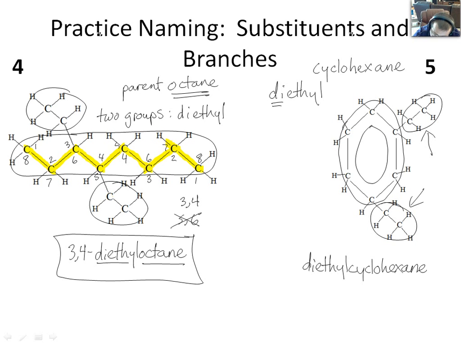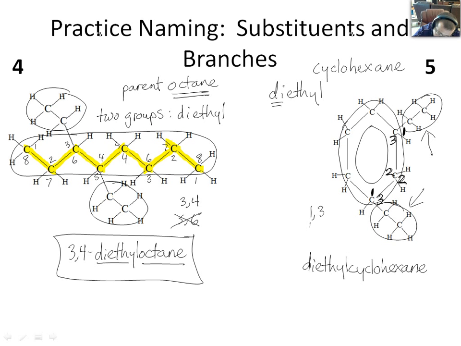Alright, numbering. It's best to start numbering where you've got something hanging off of the ring. So I could number this 1, 2, 3, going counterclockwise around the ring. That would give me position numbers of 1 and 3. Or I could number this 1, going clockwise, 2, 3.